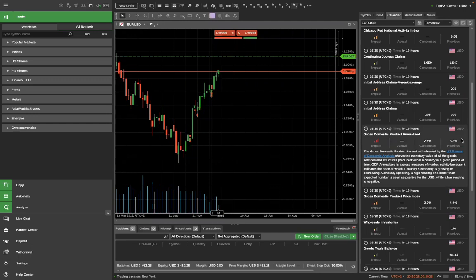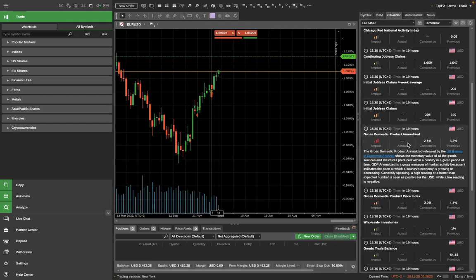Okay, not the previous reading, but 2.6%. This is the consensus. So if the actual number is 2.6%, then traders say, well, the data were in line with the expectations, and the volatility on the euro dollar, for example, might not be that big because there is no surprise and there is no disappointment.